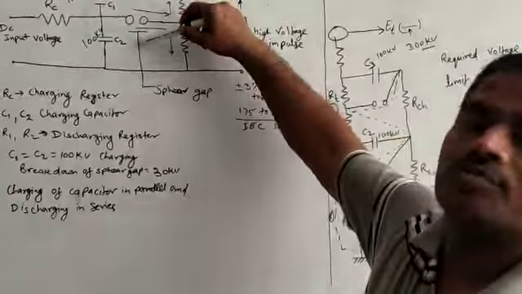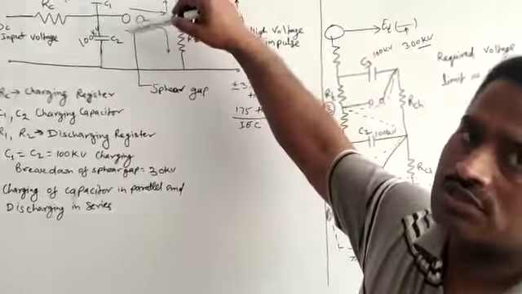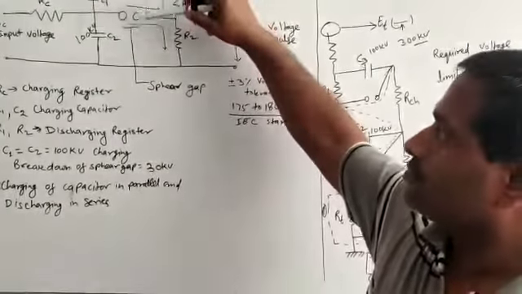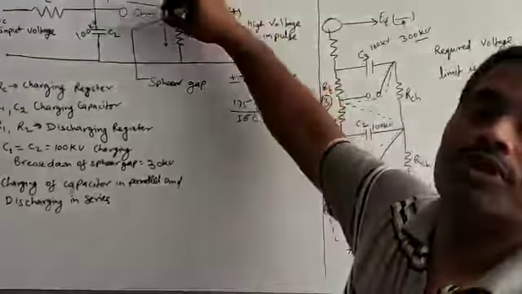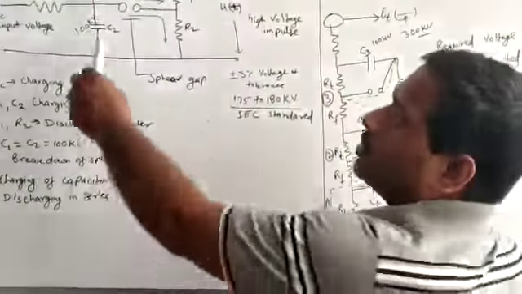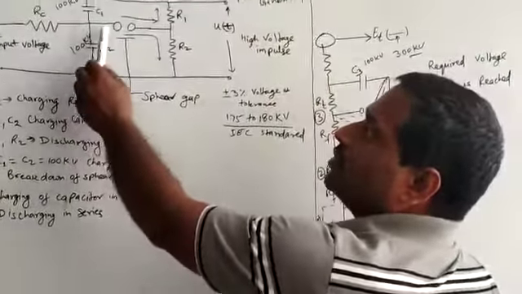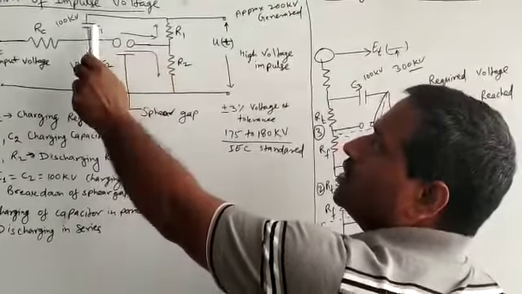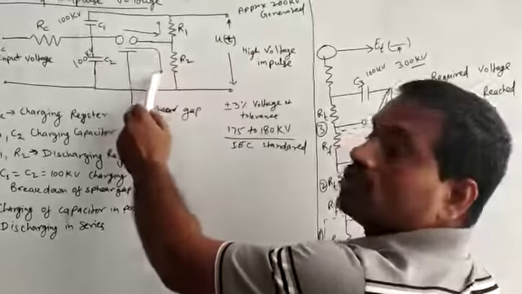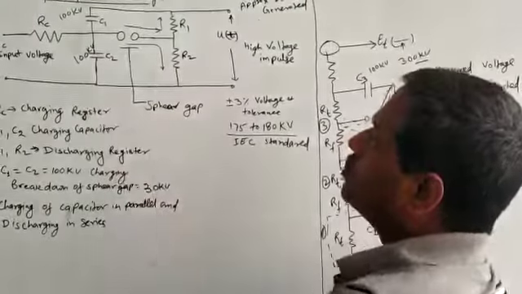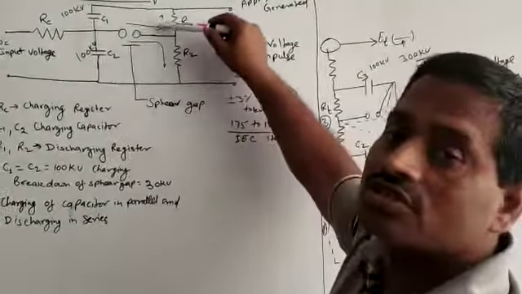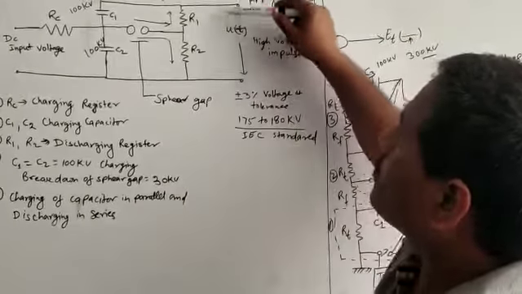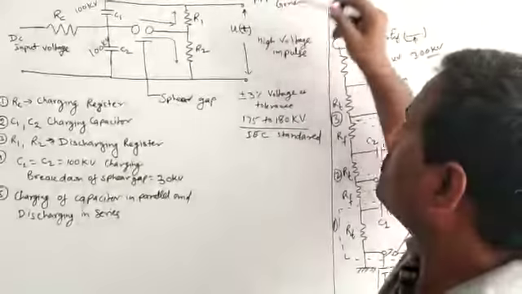The sphere gap is an automatic generator. It is triggered at 20 kilovolt and it will break down. So the 20 kilovolt supply will come through R1 and R2, and the capacitors C1 and C2 will discharge. At the discharging of C1 and C2, the output voltage will be approximately 200 kilovolt.